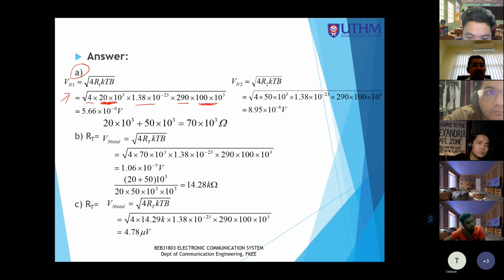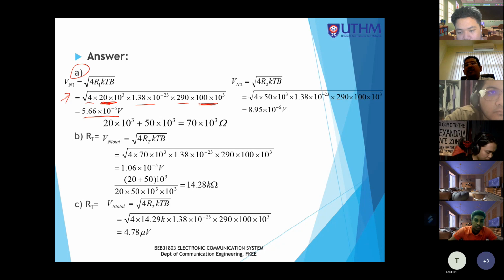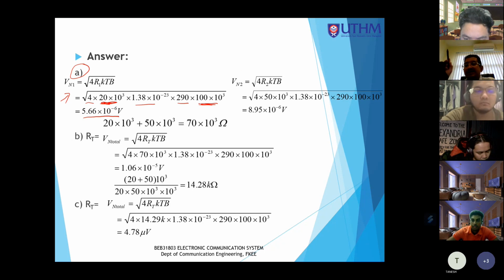So we get the value of noise voltage for the first resistor is 5.66 microvolt.